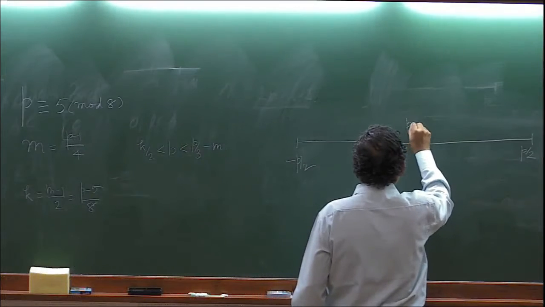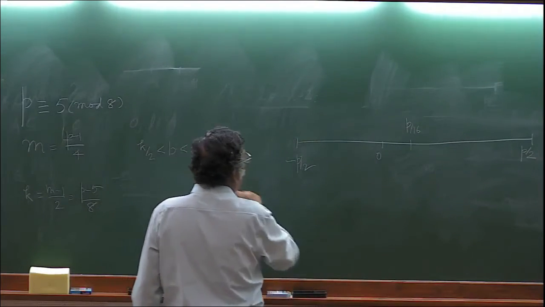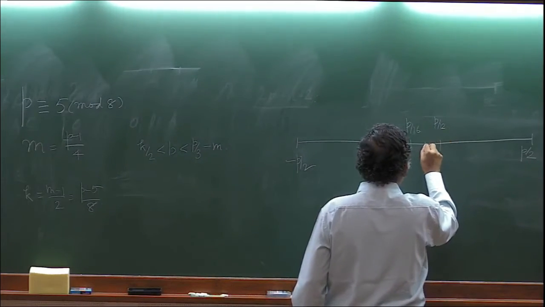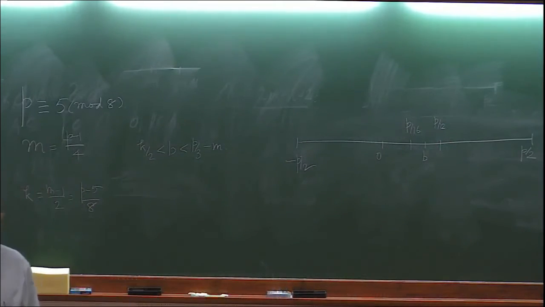That's P over 16. And there is P over 3 minus M, which is P over 12. And you have a B sitting there. You choose any B which essentially lies between P over 16 and P over 12. Therefore, I'm not going to give only one construction, but a lot of constructions.